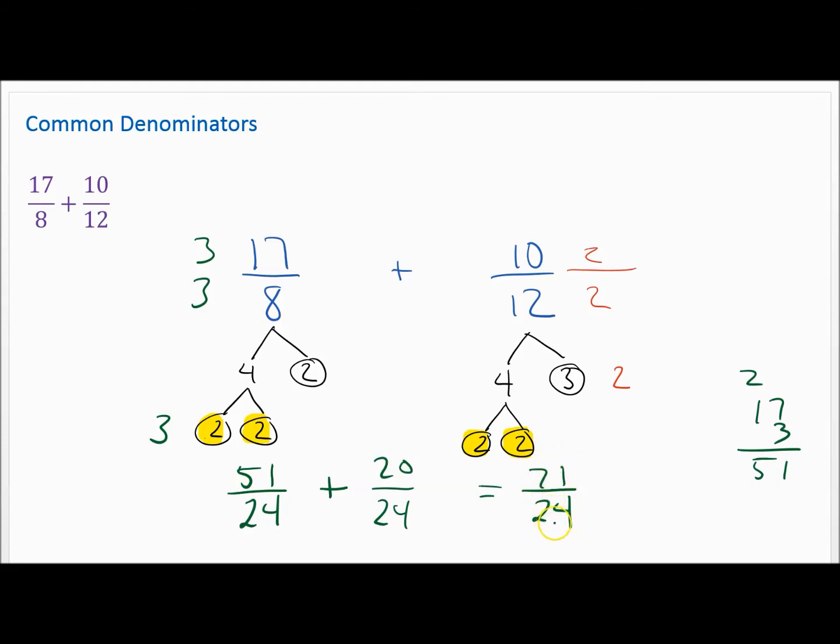You know, check 2 doesn't, right? Check 3, check 5, you know, check them all. To me, it looks like there are no common factors. When I think about 24, numbers that go into 24 are 2, 3, 4, 6, 8, 12, 24, and none of those numbers go into 71. So that's how I know we're finished.